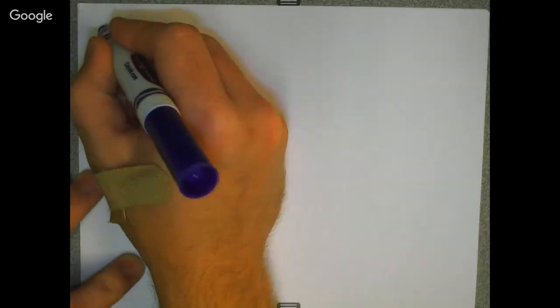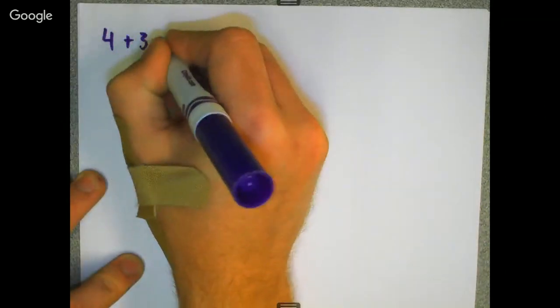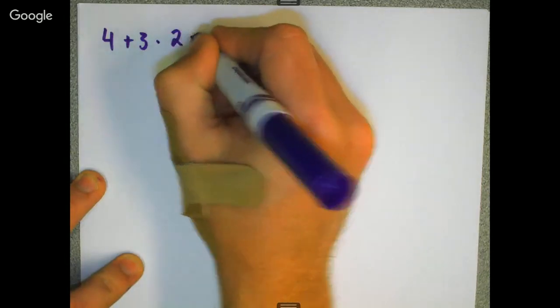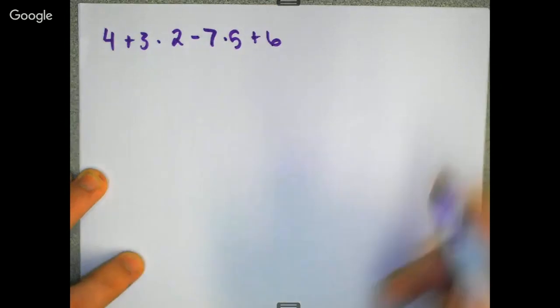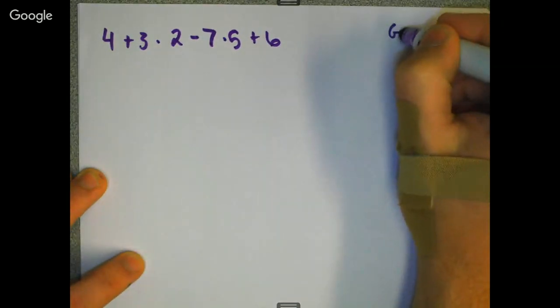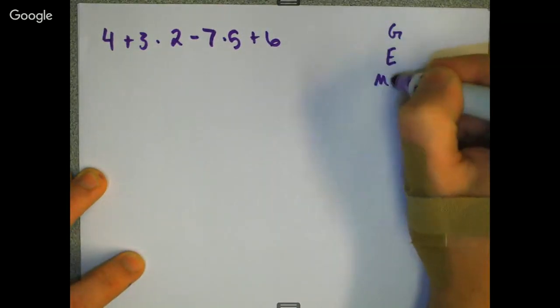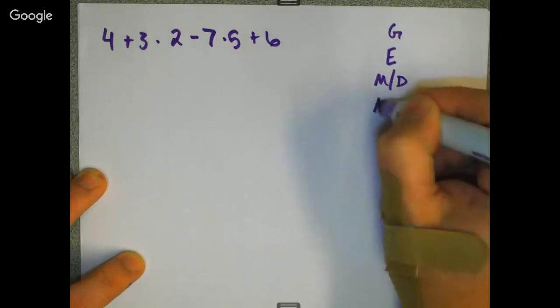Okay, I first just want to maybe start off with some simplifying expressions problems. 4 plus 3 times 2 minus 7 times 5 plus 6. Okay, and it's order of operations. So you have grouping, exponents, multiply, divide, add, subtract.